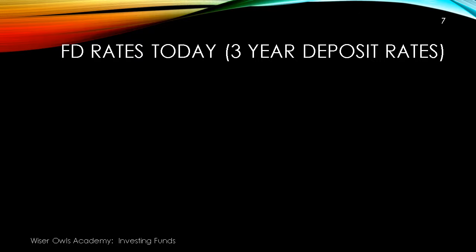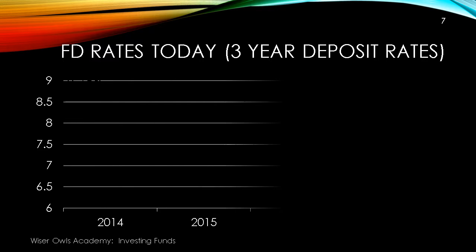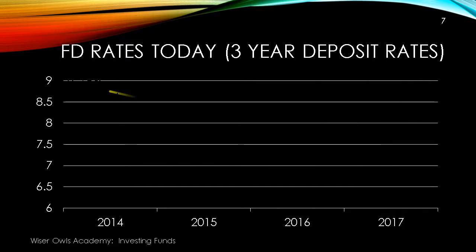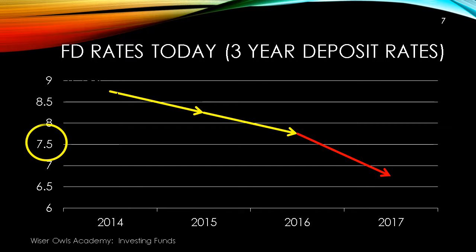If you see for the past 3 years, the 3-year deposit rate, which was close to 8.75, has dropped to somewhere around 7%. As a matter of fact, the average for our holdings is around 7.5%, while every renewal of a fixed deposit is going to be around 6.8%. That is quite a big loss of income, which we shall shortly see in the next couple of slides.